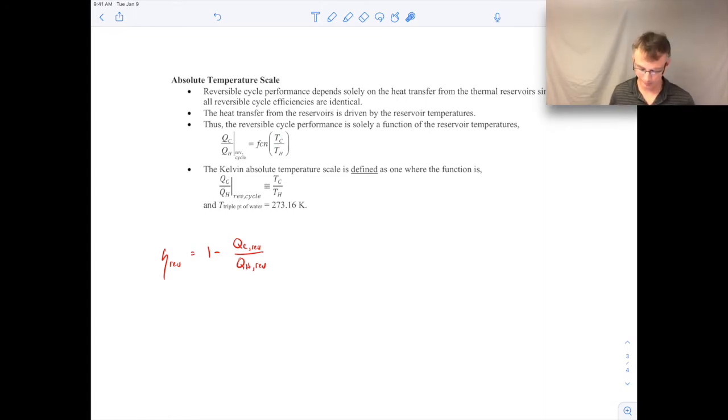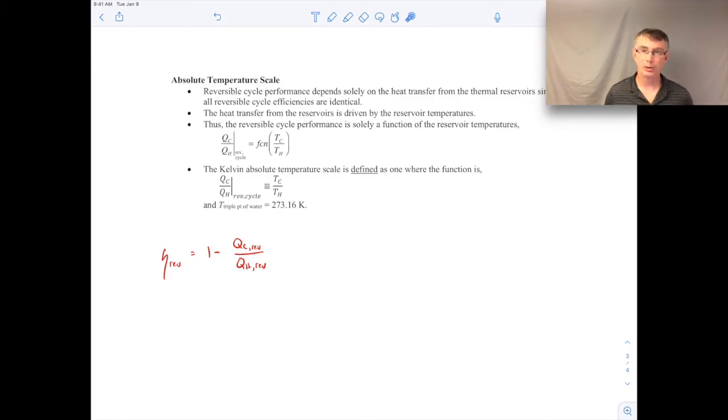It makes sense. So the ratio of heat transfers for a reversible cycle, over the cycle, is a function of the temperatures of the two thermal reservoirs. Okay? And again, this is only for the reversible case, because for the reversible case they're all the same and they all are given by the QC over QH.